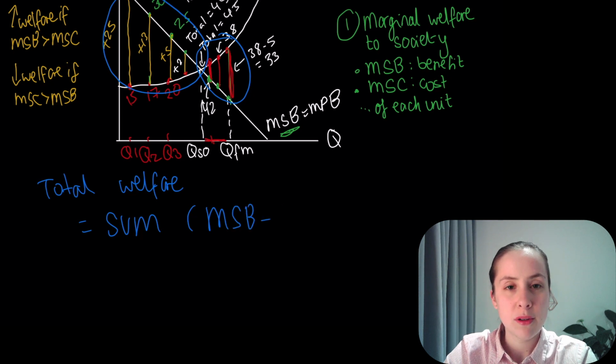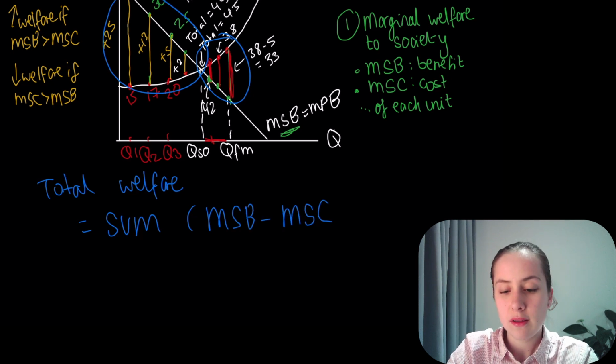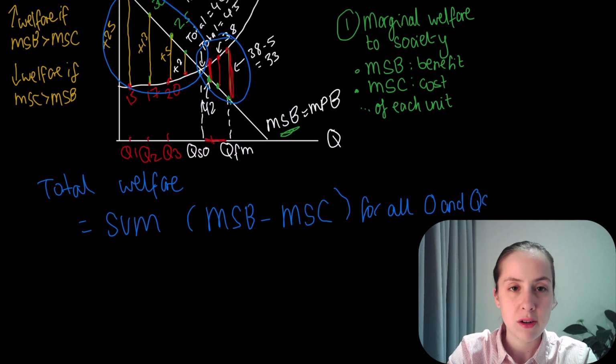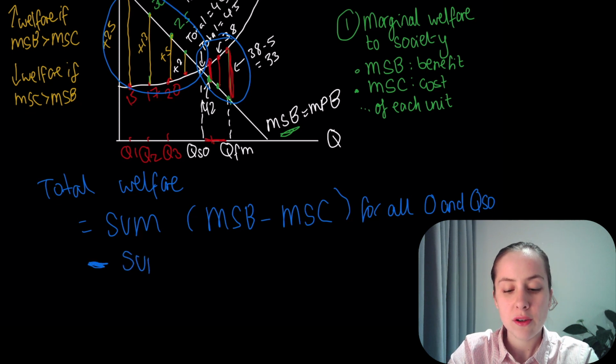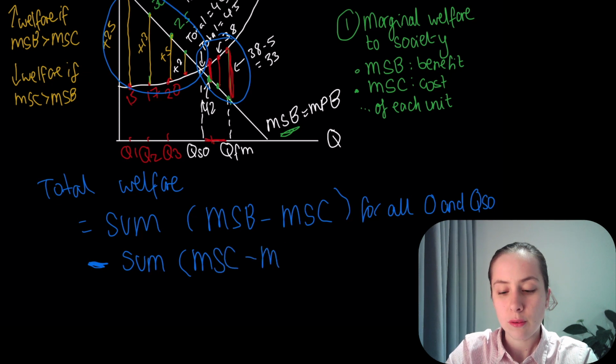We add that up for all units between the origin and QSO. But then we had welfare losses coming up, so we had to minus the sum of all the instances where the costs were higher than the benefits for all units between QSO and QFM.